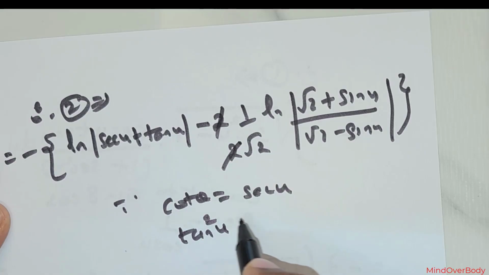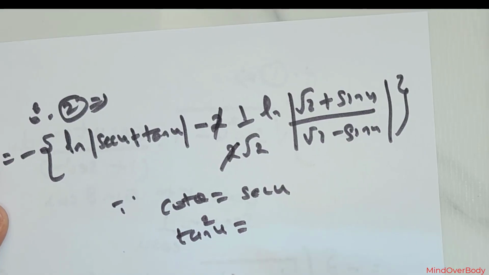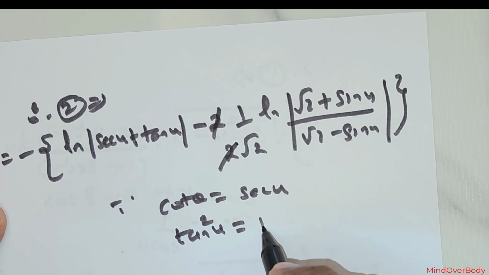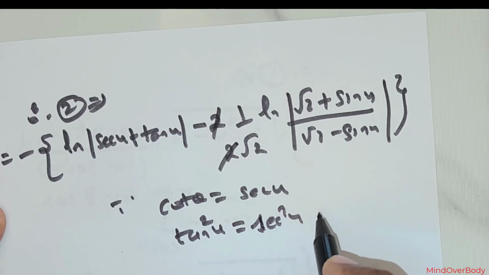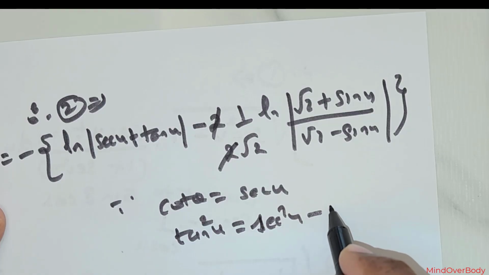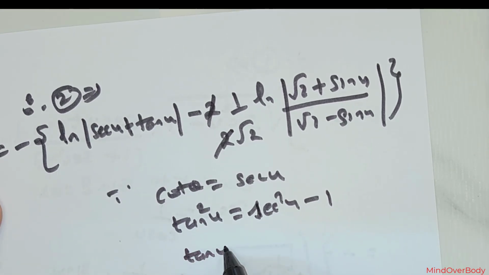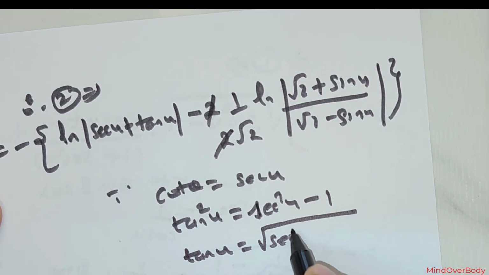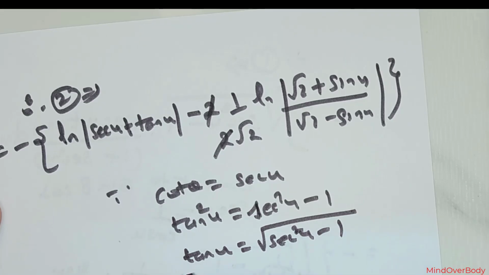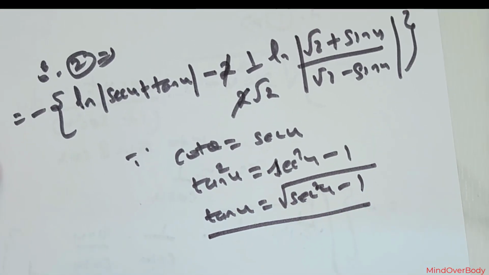Now we have a formula: sec² u - 1 is equal to tan² u. So tan u is required. So tan u is equal to root of sec² u - 1. Fair enough, so we have got that.